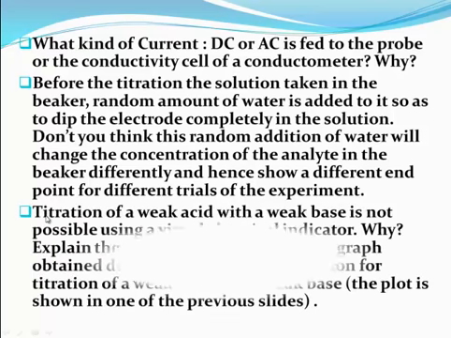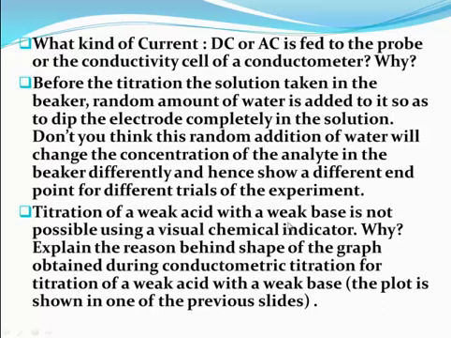Next question. The titration of a weak acid with a weak base is not possible using a visual chemical indicator. I'm sure all of you know this. Why is this true? Also explain the reason behind the shape of the graph obtained during conductometric titration of a weak acid versus a weak base.